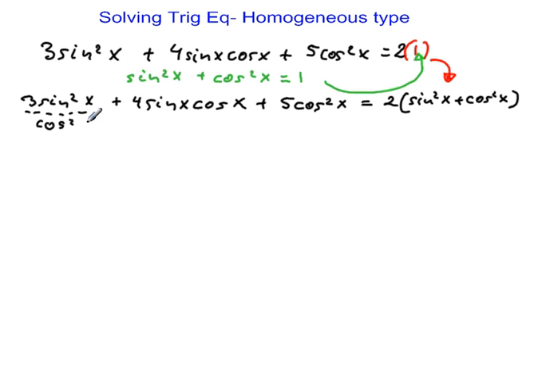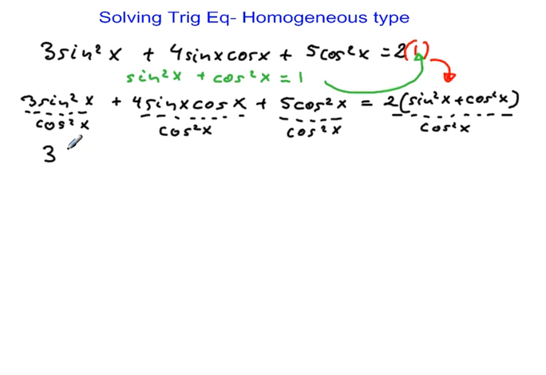So cosine squared x, this term divided by cos squared x, one here, and cos squared x. And also you must be aware that we can split this, so it's going to be sine over cosine and cos over cosine.